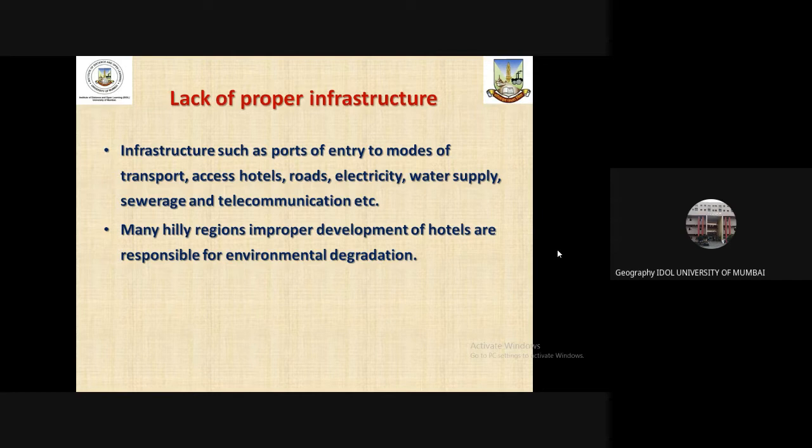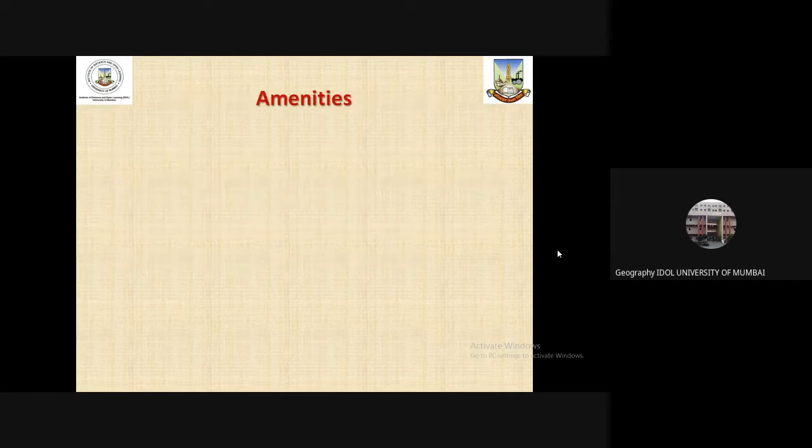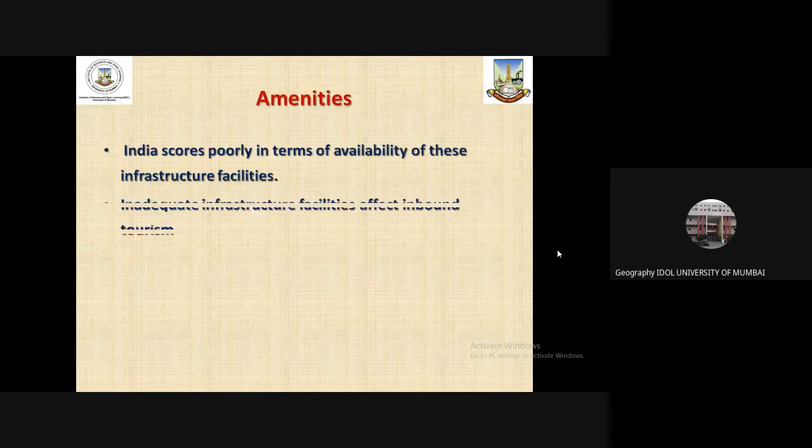So the hotels are not developed properly, and also the areas where hotels are constructed, it is also responsible for environmental degradation to a larger extent.